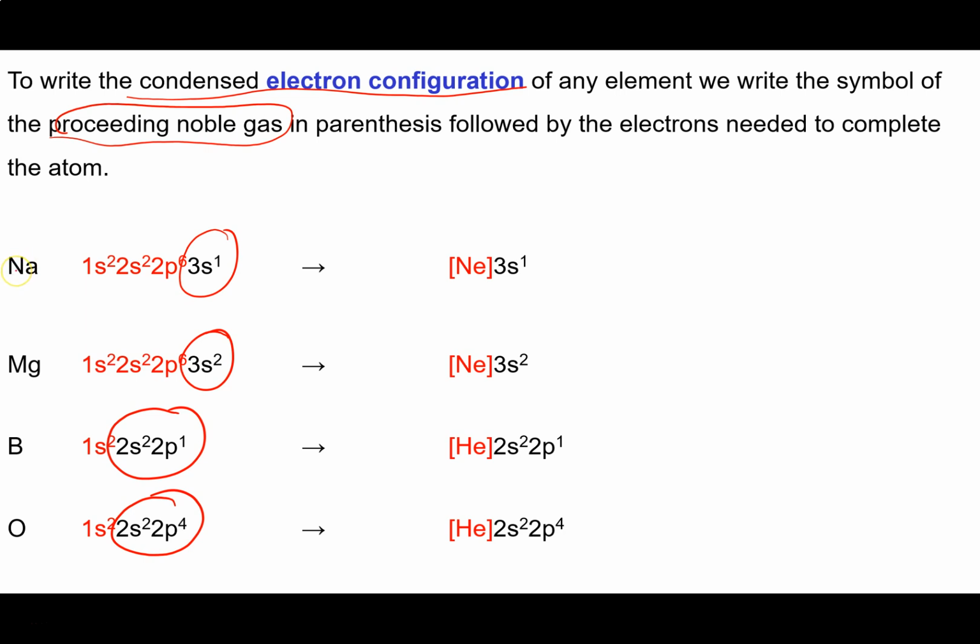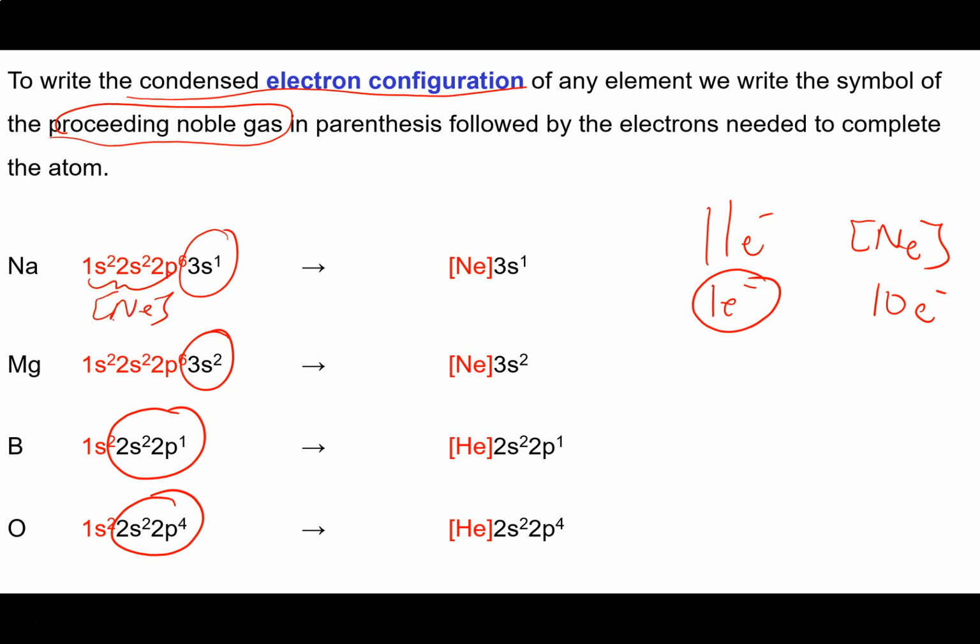So sodium has 11 electrons, and the preceding noble gas is neon, which has 10 electrons. So we know that we just have to write the electron configuration for the last one electron. So how we abbreviate that, we're just going to replace these with the symbol for neon.